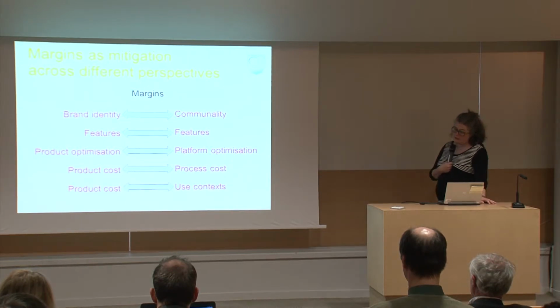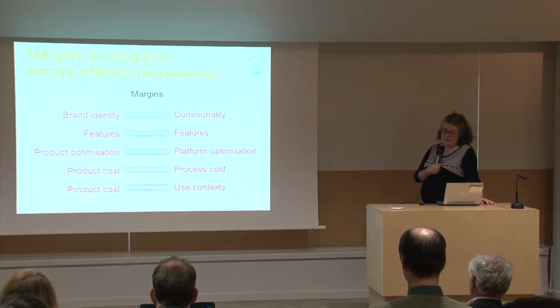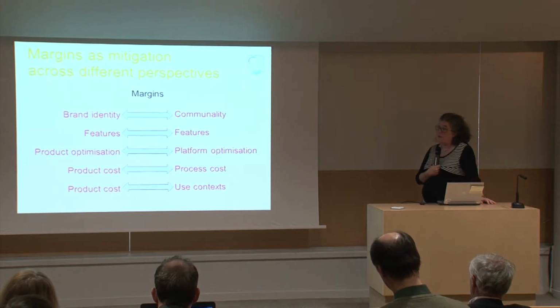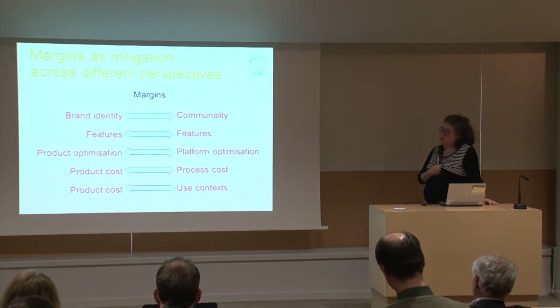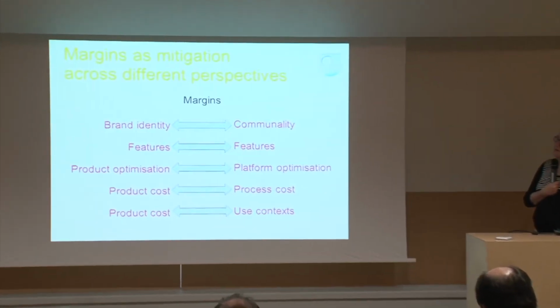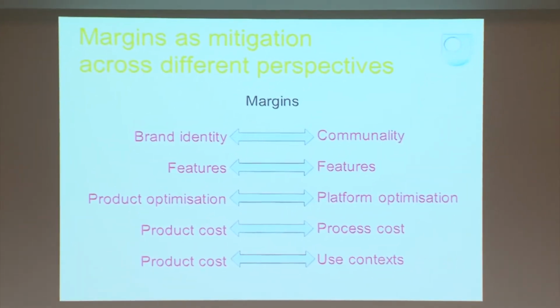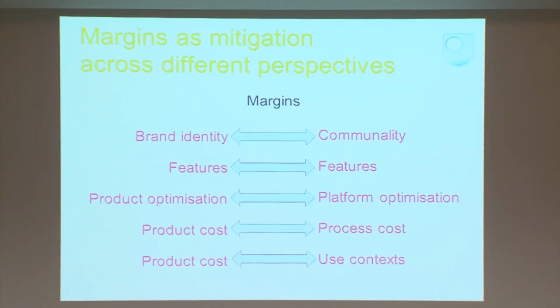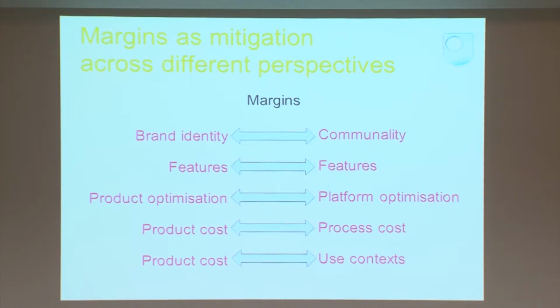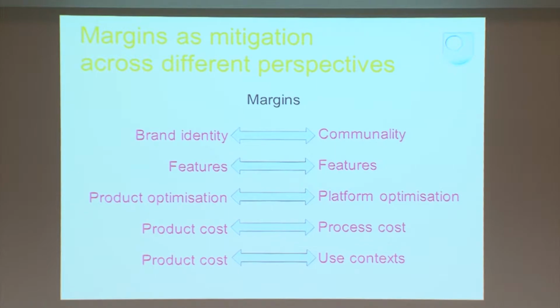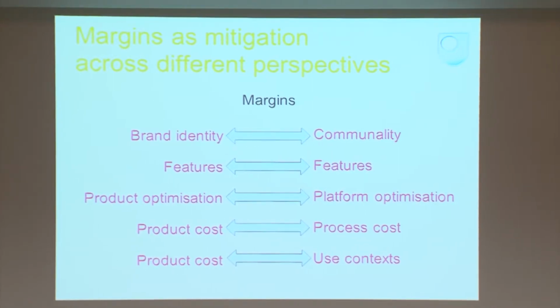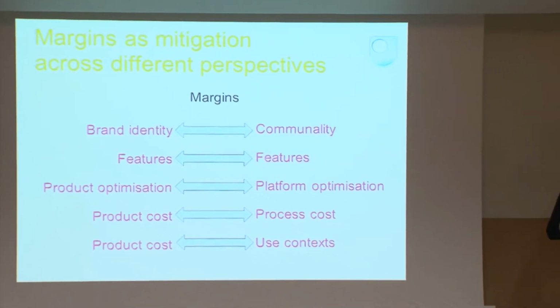And when we looked at this more closely, we realized that margins are at the heart of a lot of the trade-off decisions from different perspectives. For example, to look at the relationship between brand identity and commonality, it was quite important to think about margins, because a very safety-critical truck might have fairly robust components, and that's very important for that brand identity.